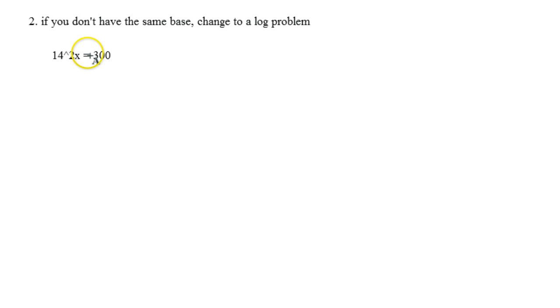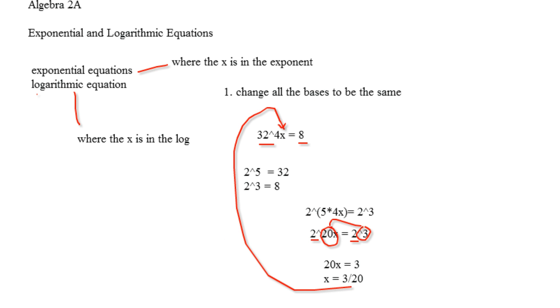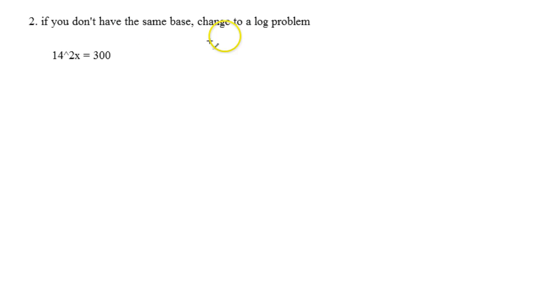Alright, what we just did was change the bases all to be the same. This is the easiest method to do, because if you get the same base equal to the same base, the exponents are the same. Simple as that. But if you don't have the same base, change it to a log problem. This is the base, this is the exponent, and this equals the answer.